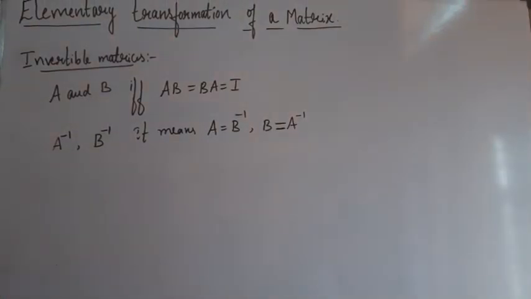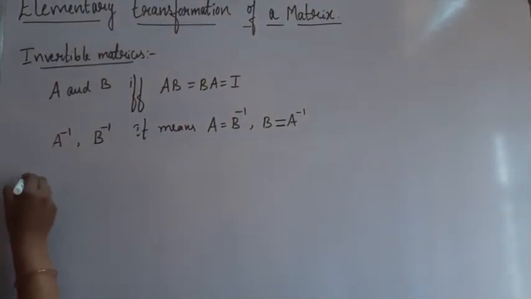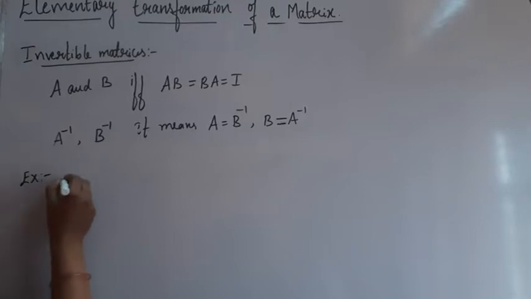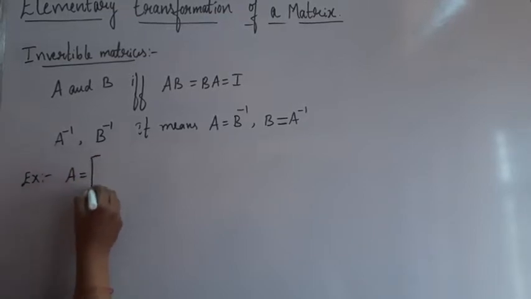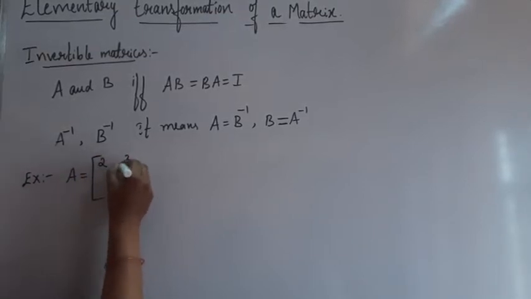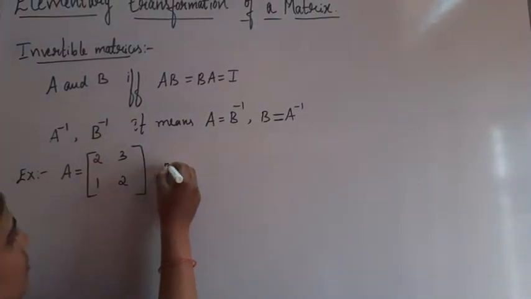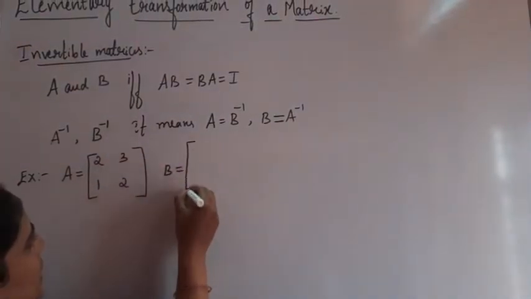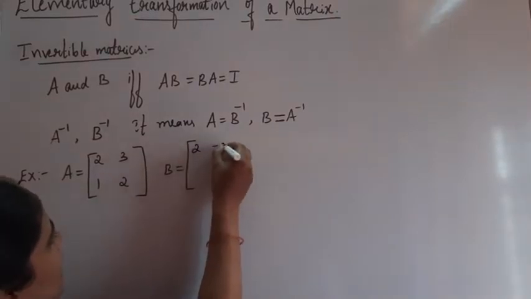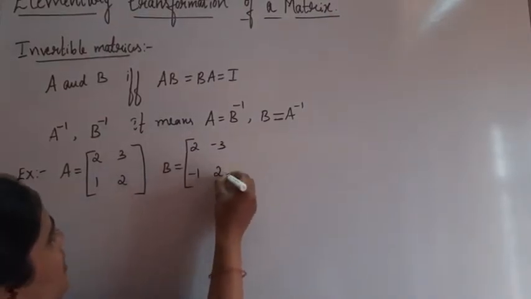Let us take an example for invertible matrices. Let matrix A be 2, 3, 1, 2, and matrix B equals 2, minus 3, minus 1, 2.